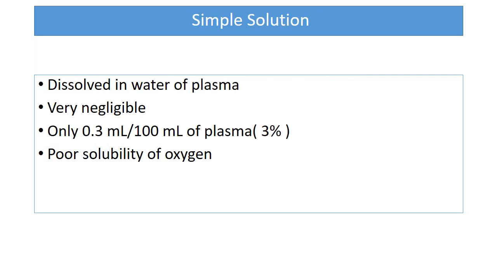Simple solution is dissolved in the water of plasma, but oxygen has less solubility in water, so a very negligible amount of oxygen is transported, only 0.3 milliliter per deciliter of plasma, or 3%, in the form of this simple solution.